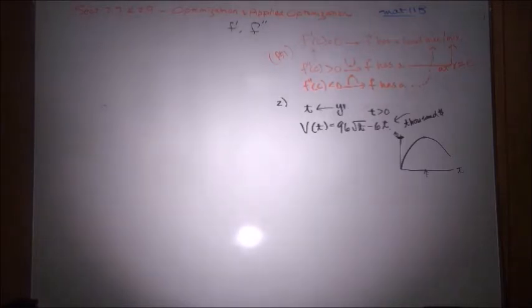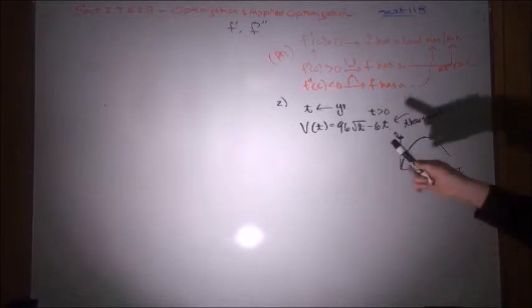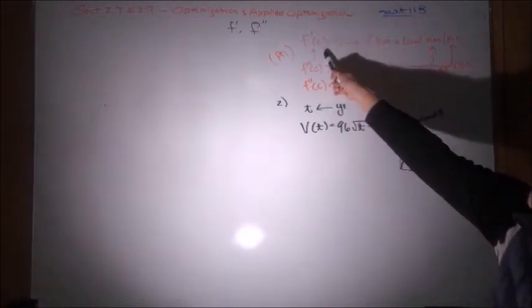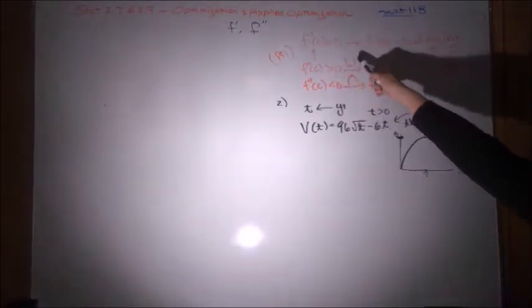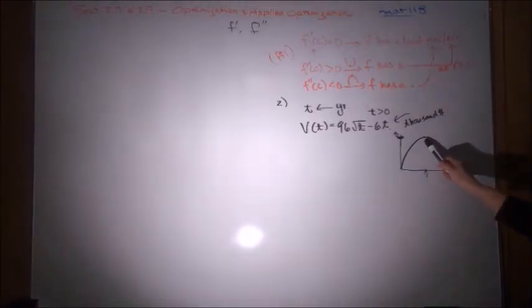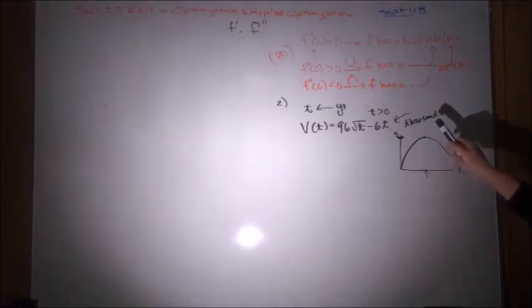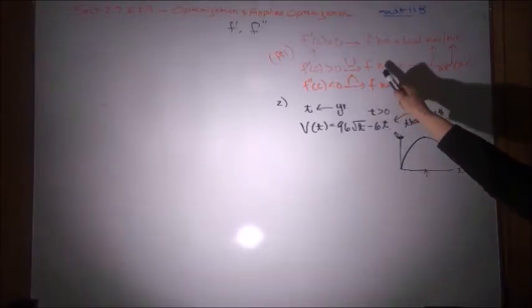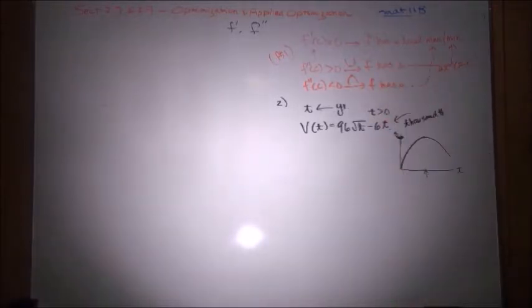According to what we have learned, when you take f prime and it's 0, it has a local relative maximum or minimum, okay? But you don't know if it's a minimum or maximum, so you'll need to use f prime prime to check, right?